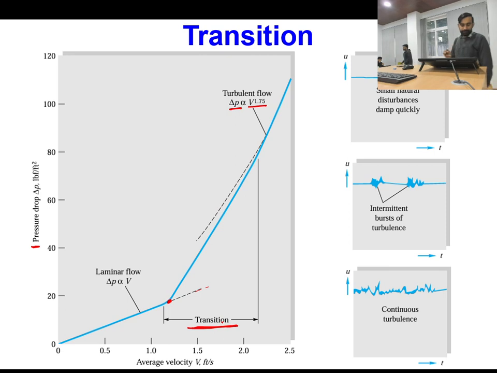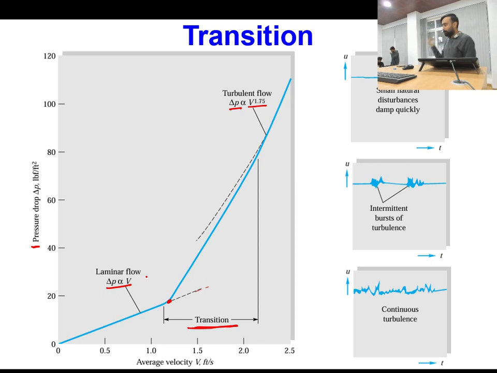In the laminar regime, one important conclusion we have got from here is that for Newtonian fluids, if fluid is flowing through a straight, smooth and circular pipe, and this curve is for a straight, smooth and circular pipe, then we will have pressure drop proportional to velocity if flow is laminar.